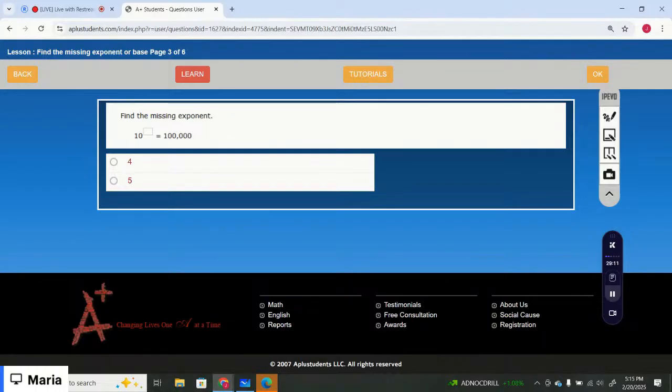Find the missing exponent. 10 to the missing exponent equals 100,000. So which is the correct option?